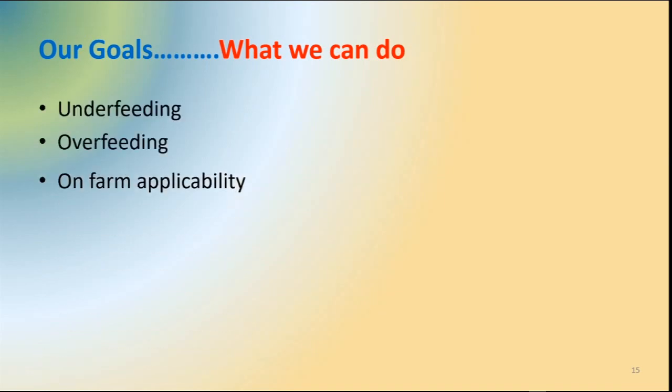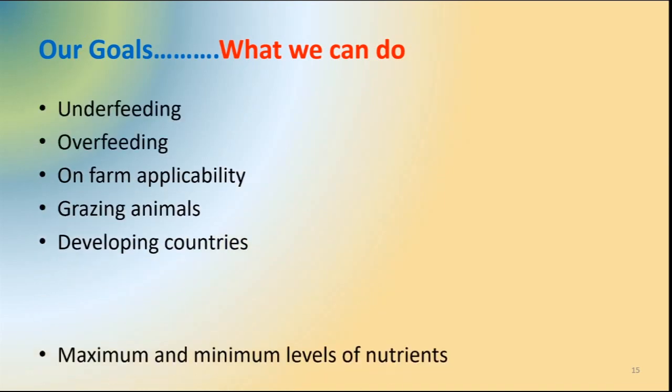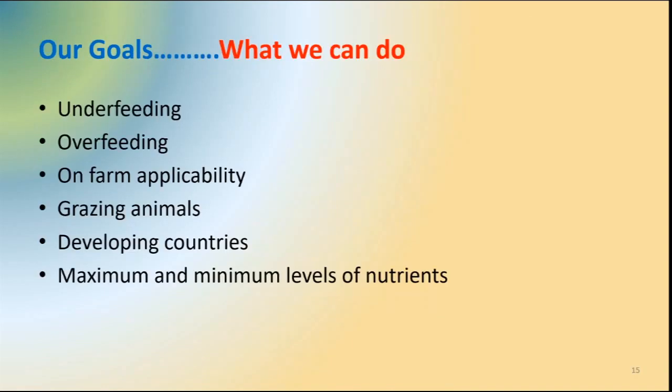So being a nutritionist, while formulating a diet, we can avoid underfeeding and overfeeding, and we can also check the on-farm application of our ration. For grazing animals, some extra allowance, or a moving or traveling allowance, can be added. So we cannot strictly follow the feeding standards of developed countries for developing countries.